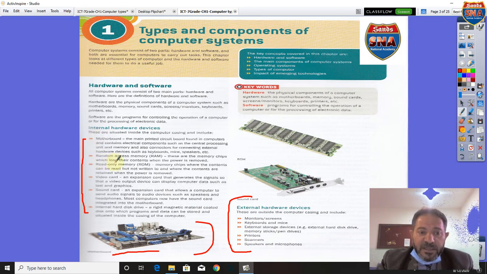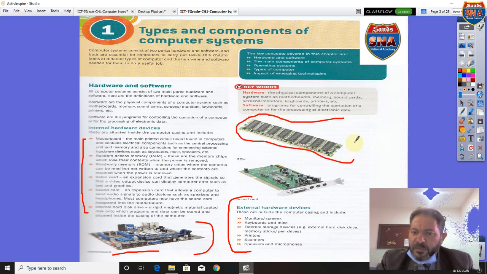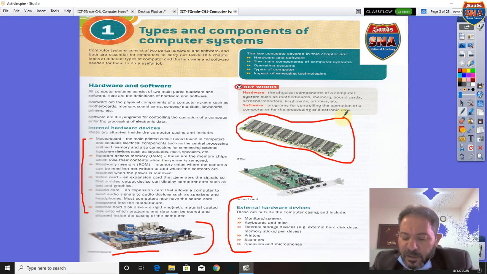The second one is random access memory, the RAM. What is the random access memory, guys? It is an internal chip where data is temporarily stored when running applications.